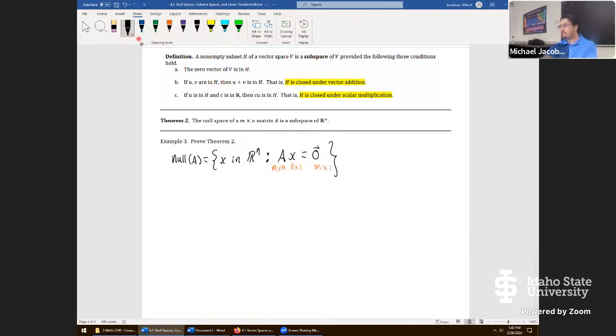We'll say this set here, first thing we have to do is, on our part A, let's go to this portion. We need to grab the zero vector of V. In this problem, V is going to be equal to Rn. So let's just grab that. Let's say let 0.